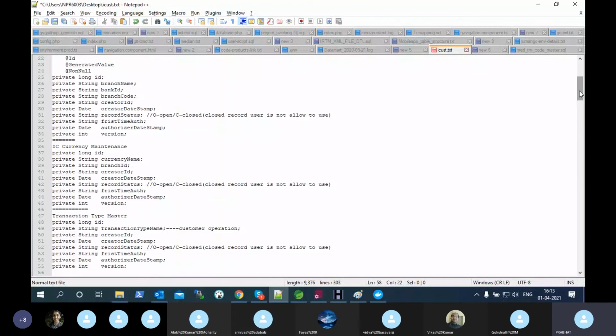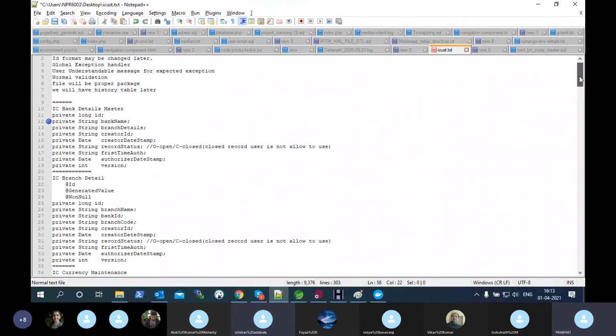For each and everything they want a report. Because this is a bank and money is involved, they want to track everything, even a single transaction, even a single denomination, at a minute level.